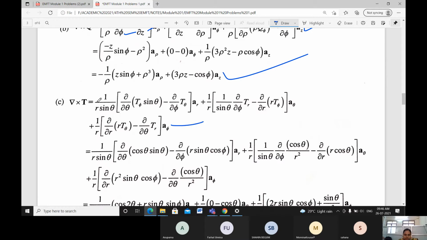Again here also the same, go with substitution of t pi, t theta, and t r.